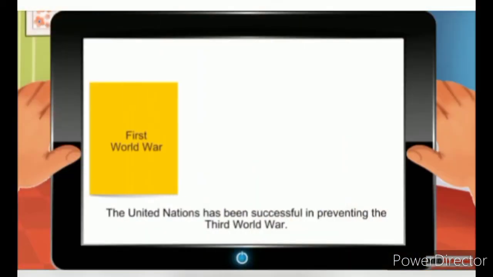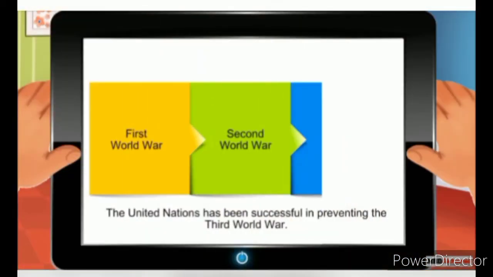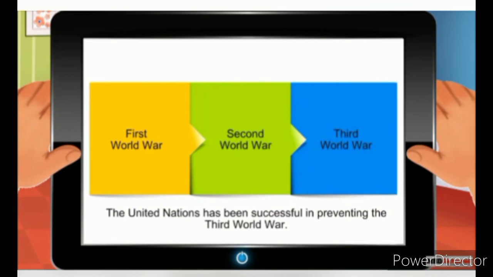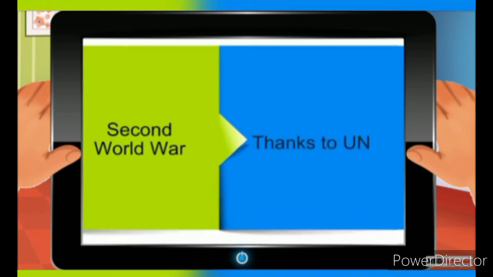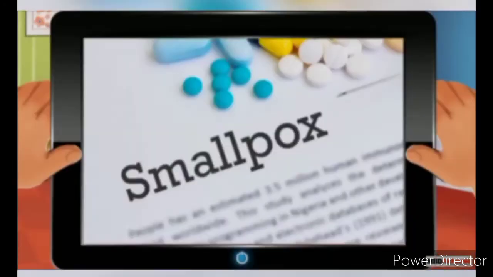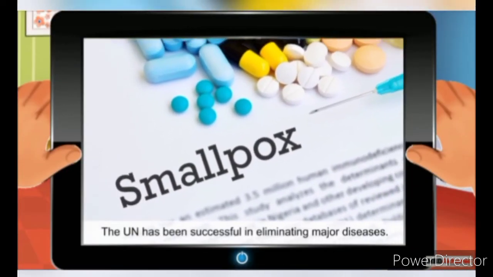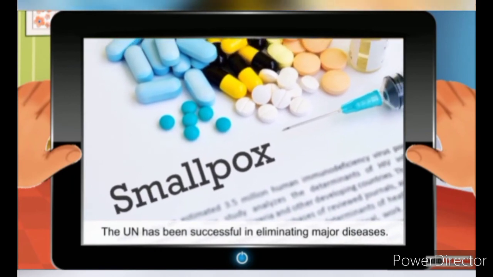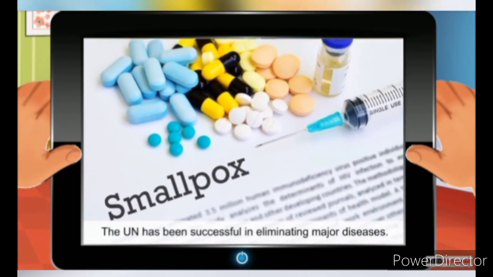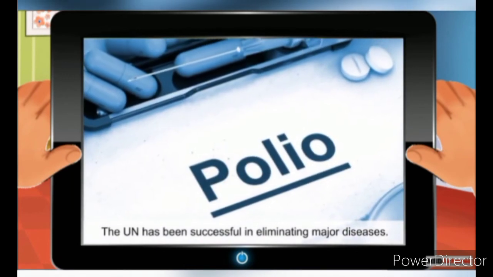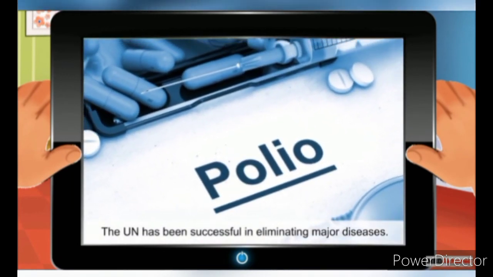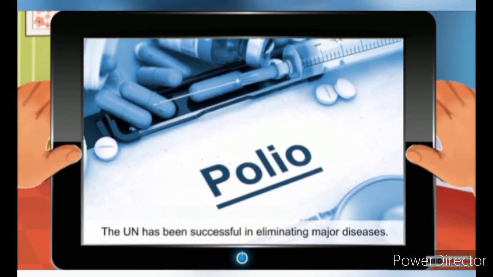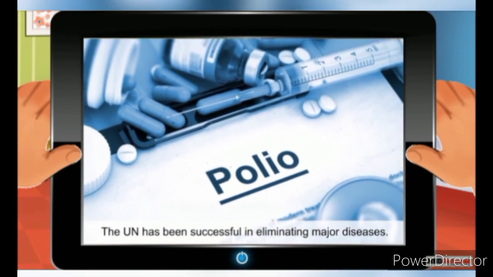The most important achievement of the United Nations is that it has been successful in preventing another world war after the First and the Second World Wars. The UN has been successful in eliminating major diseases such as smallpox, polio, etc. Most of the regions in the world are now free from these diseases.